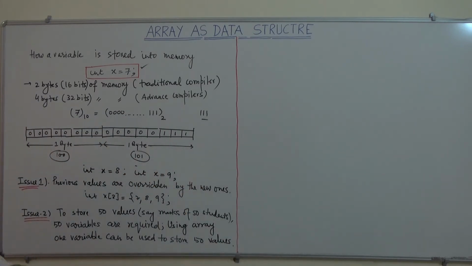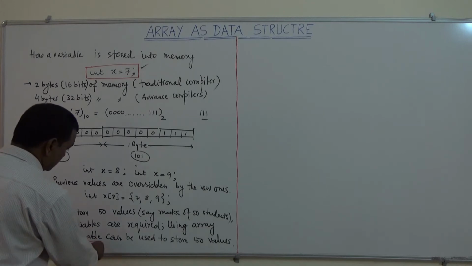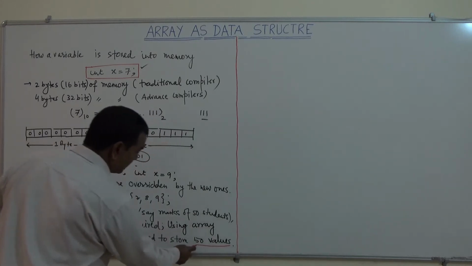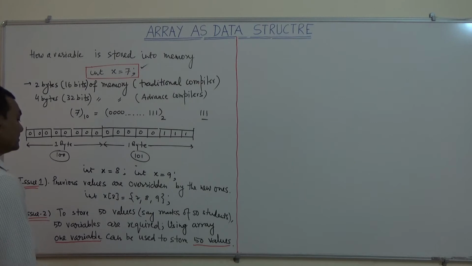So we can use one variable to store 50 values. So this is the second reason.